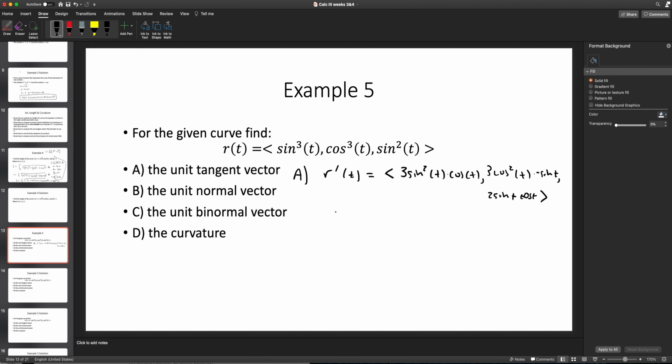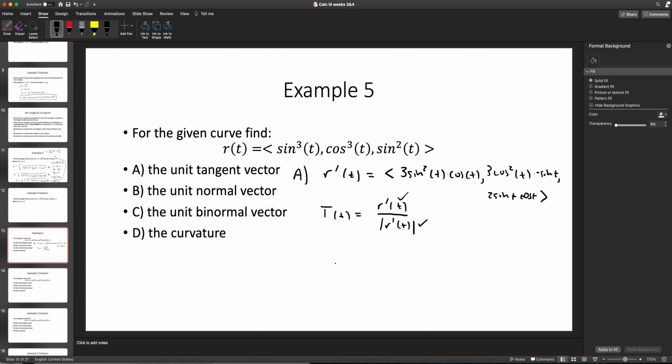Now what we need to do is compute T of t. T of t is the unit tangent vector, which is r prime of t divided by the length of r prime of t. We found r prime of t, but we don't know the length of that vector, so we need to compute that.